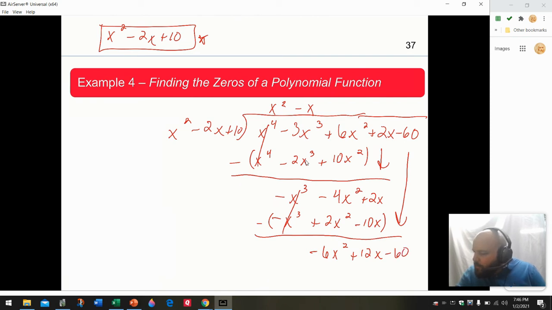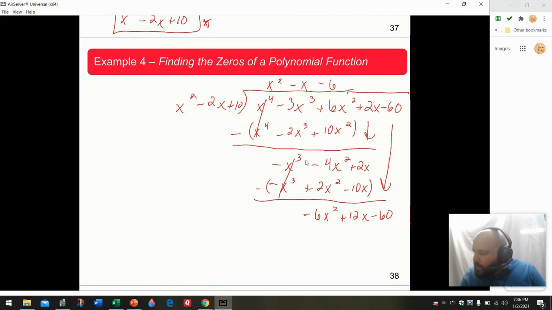Then we're going to multiply by negative 6 right here. Negative 6 times x squared is negative 6x squared. Negative 6 times negative 2x is 12x. And then negative 6 times 10 is negative 60.